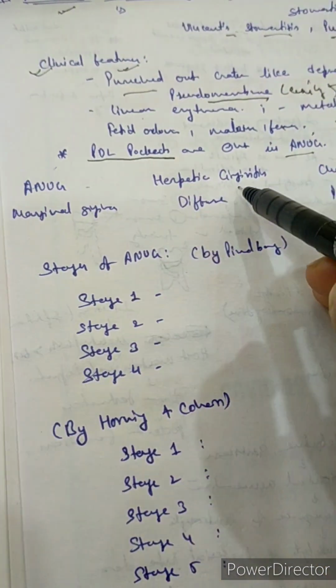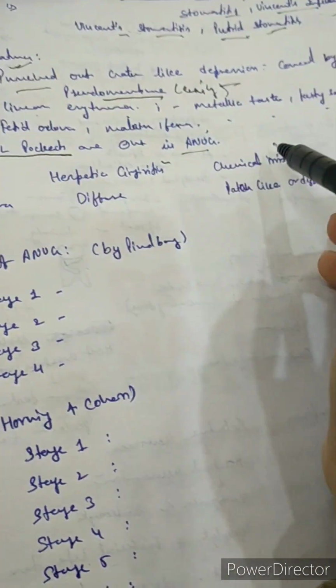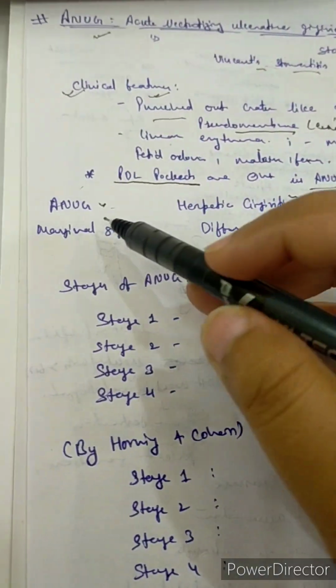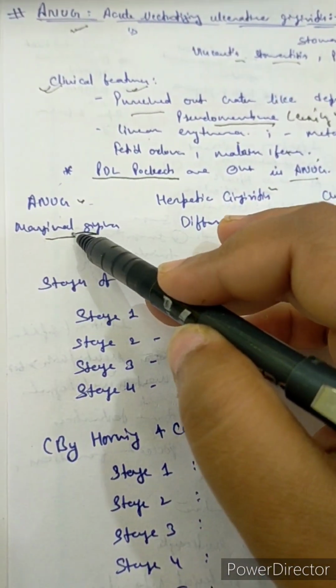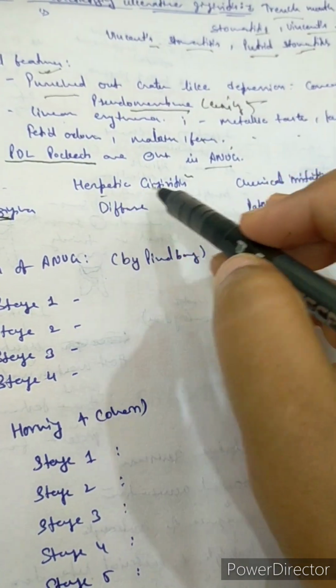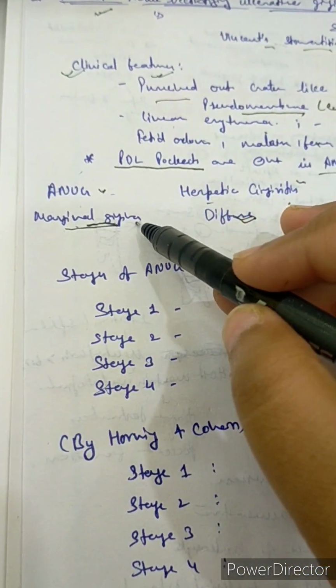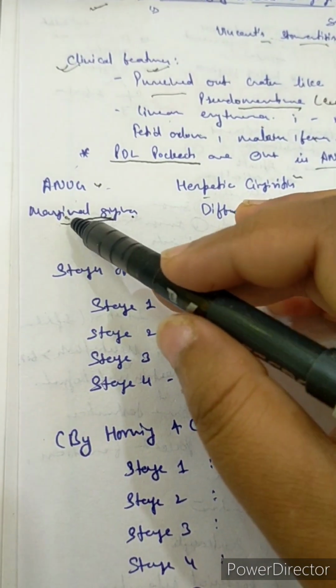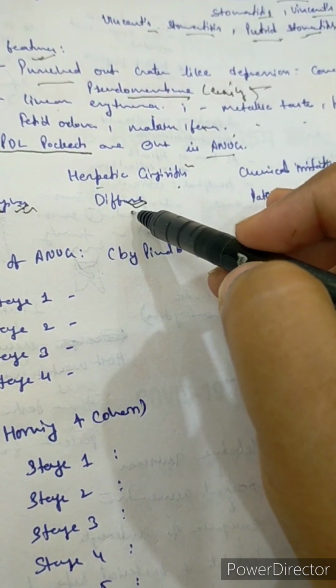Now there are so many diseases or infections that have very distinct features, so we are going to discuss that. In ANUG, the marginal gingiva is involved. In herpetic gingivitis there will be diffuse erythema.